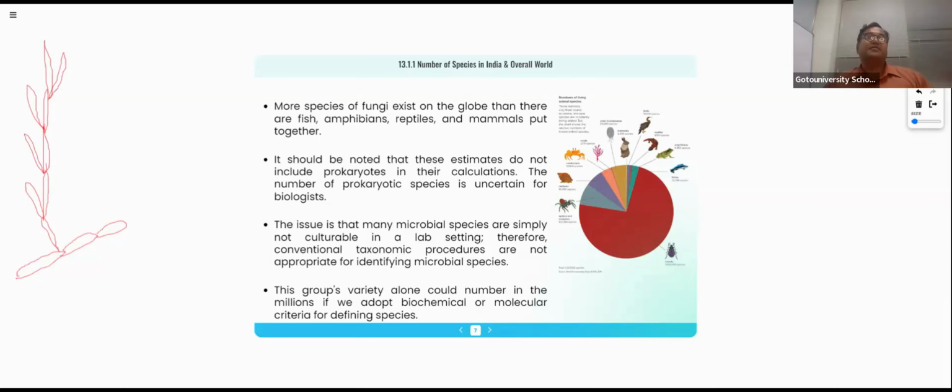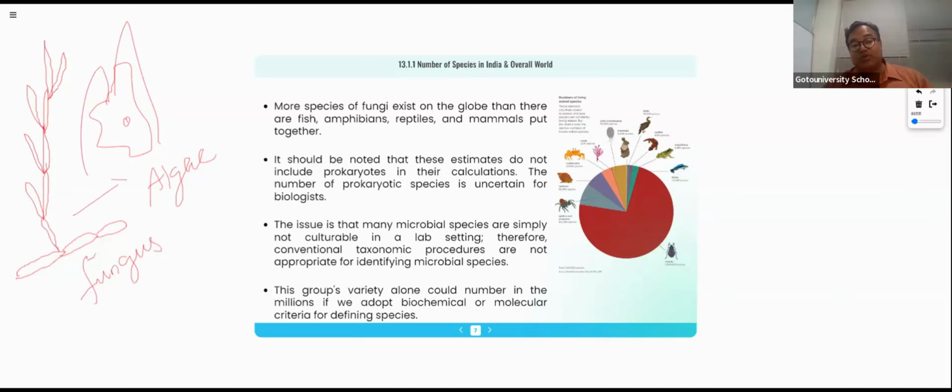Some fungus grow in a branched, filamentous version. The algae Chlamydomonas looks in this way, having two important flagella. So the algae and the fungus exhibit symbiotic association with each other and exchange nutrients among each other so that they can sustain.